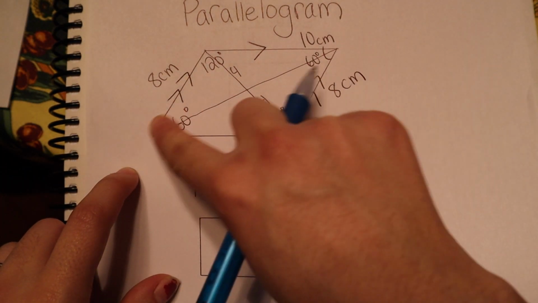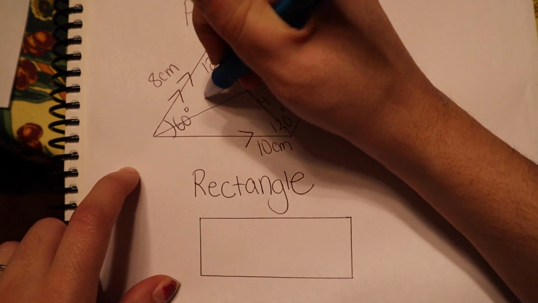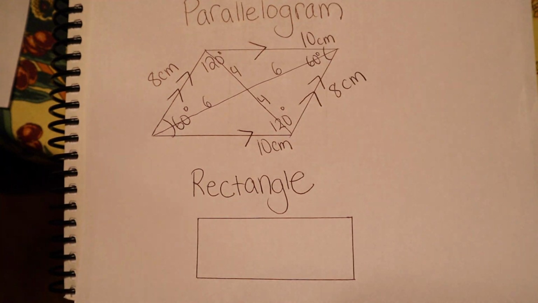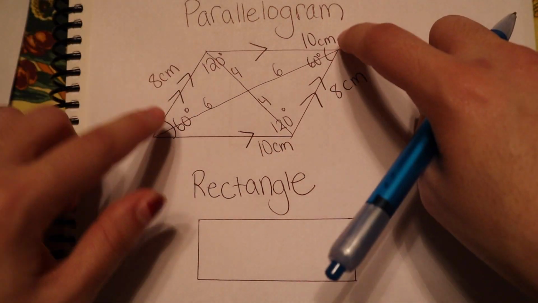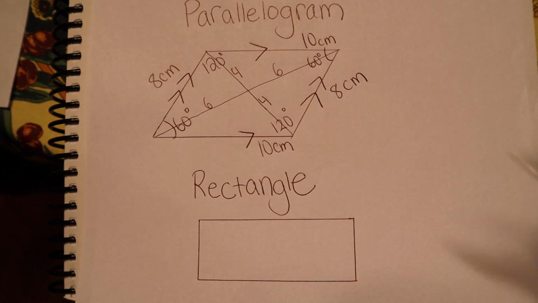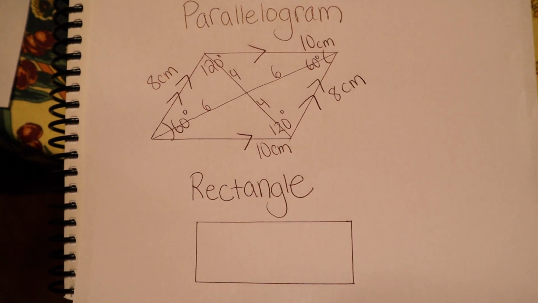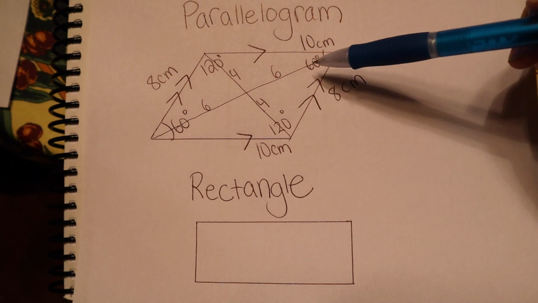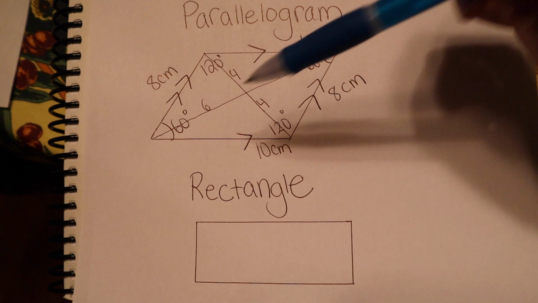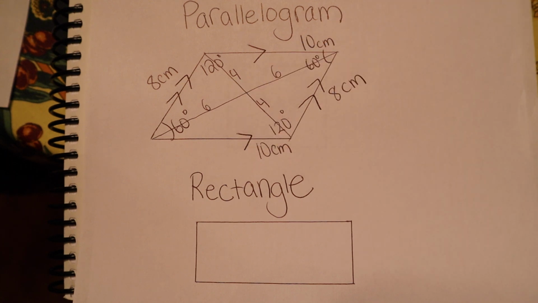If this whole segment was 12, it's cut in half to 6 and 6. These diagonals are not congruent, but each part is cut into 2 congruent parts. So this is the difference between diagonals being bisected versus diagonals being congruent. These diagonals are not the same measure, but each of their parts are congruent to one another.